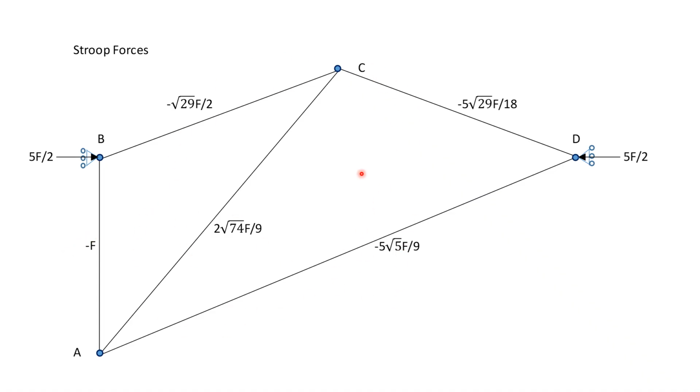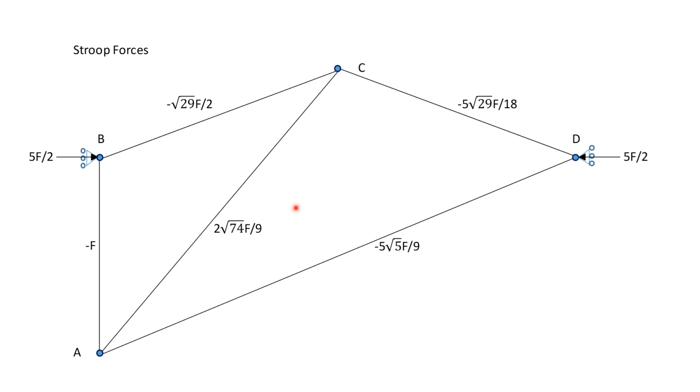and from those we calculate the forces in the members of the structure. Okay, so I've used 5/2 here just so that I can get a force of F in AB, and using equilibrium you can get these other Stroop forces on the other members, simply by applying equilibrium at the joints. So these are our Stroop forces.